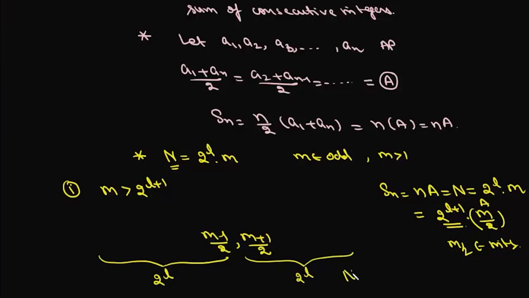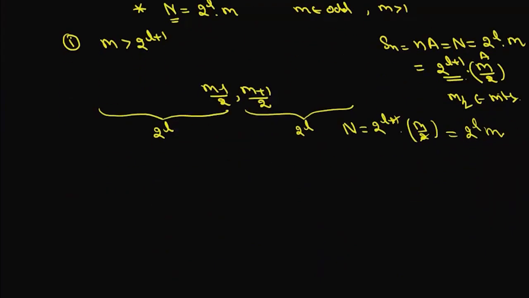Now in this case, this N will be equal to the total number of terms, 2 to the power L plus 1, into its mean, which is M by 2. So this N, which is 2 to the power L into M, can be expressed as a sum of consecutive integers.